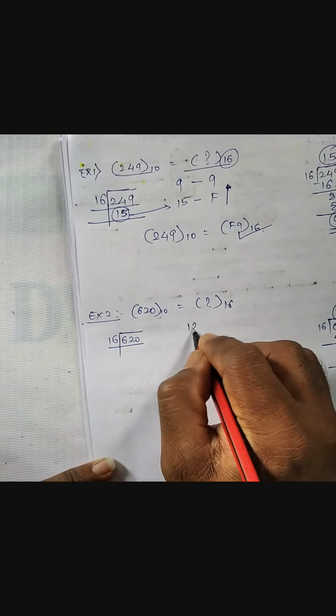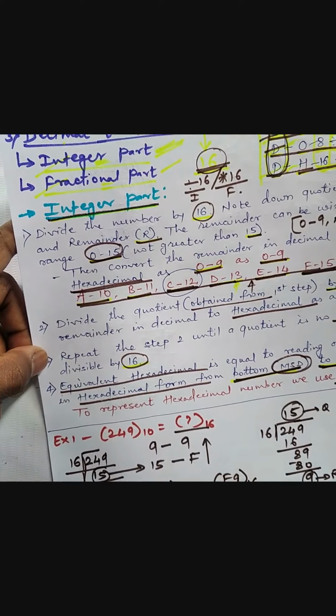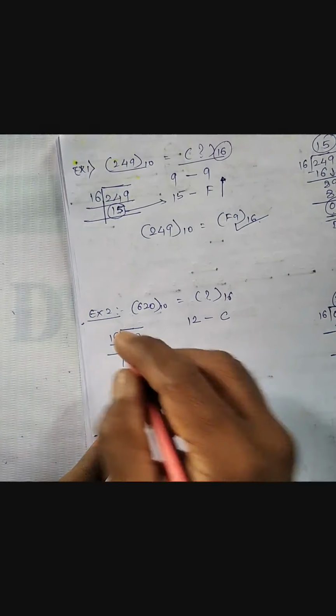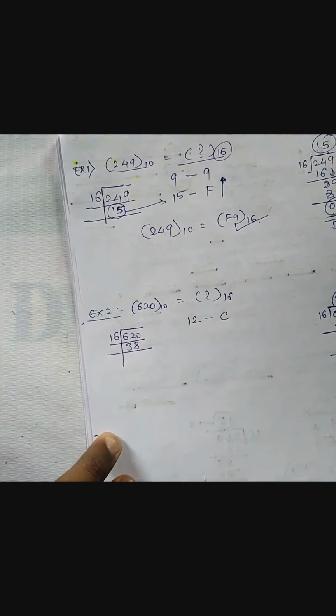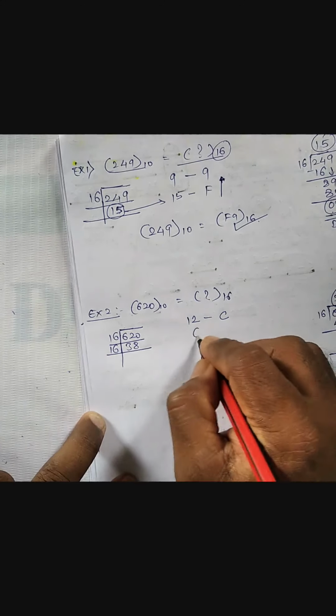right? So I take this remainder here. Now this 12 corresponds to this C, right? So I write down here C. I further take this quotient here itself. I further divide this by 16 again to have a rough calculation. 16 2s are 32. So the remainder is 6. 6 is in the decimal form itself.